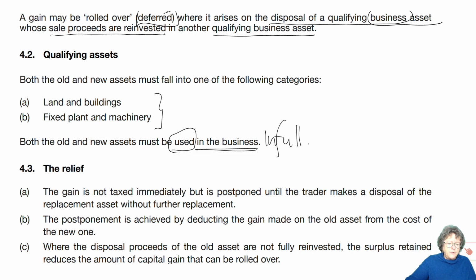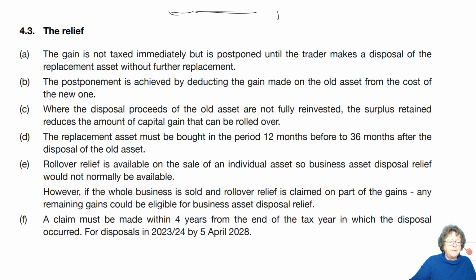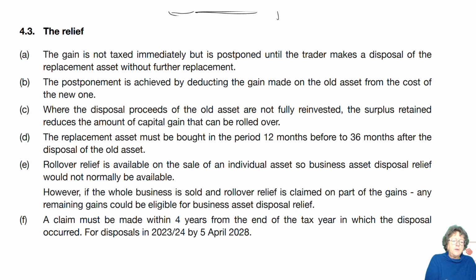So the relief, I've explained some of this already, but let's just go through the relief. The gain is not taxed immediately, but postponed until you dispose of the replacement asset and don't replace that again. The postponement is achieved by deducting the gain made on the old asset from the cost of the new one.